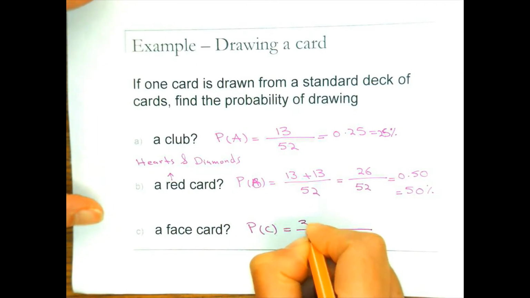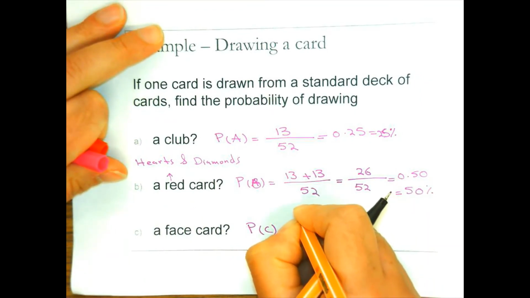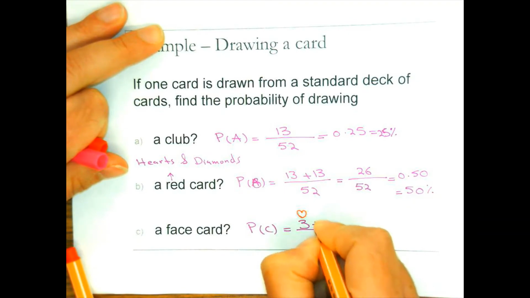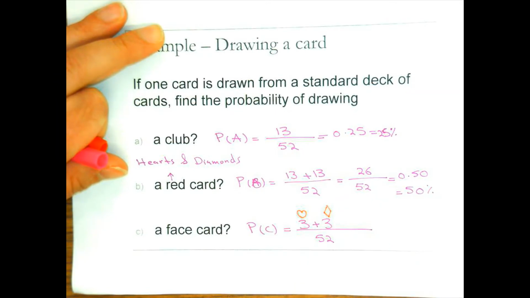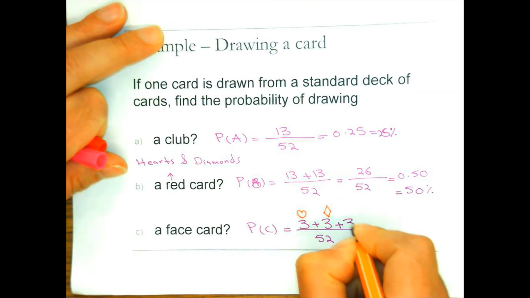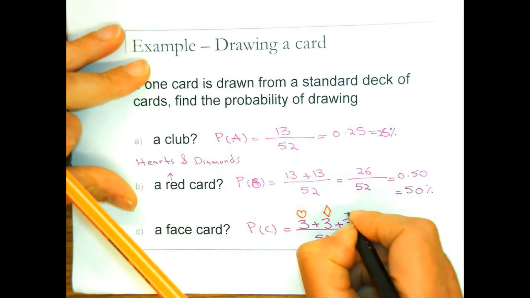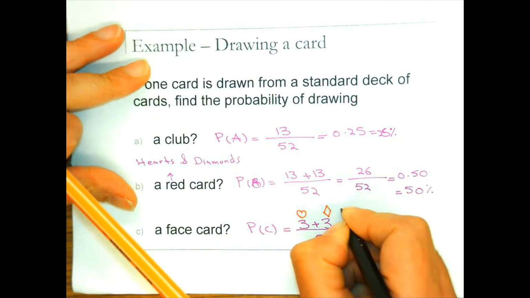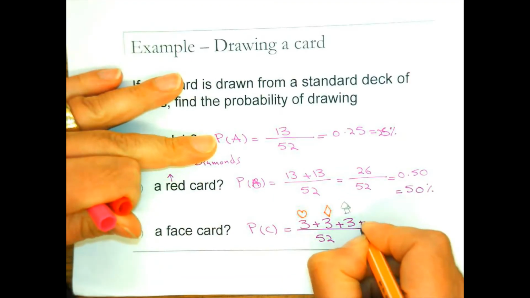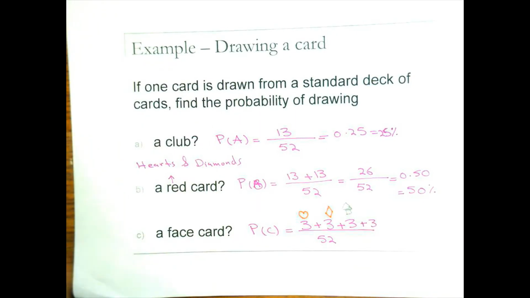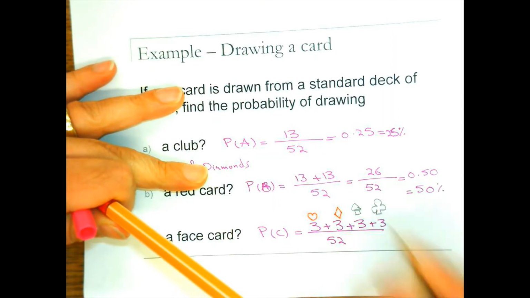So we have 3 that belong to hearts, plus 3 that belong to diamonds, plus 3 face cards that belong to spades, and 3 that belong to clubs.